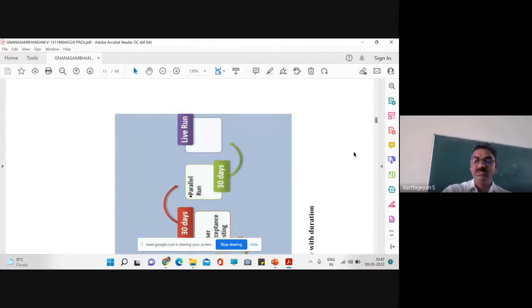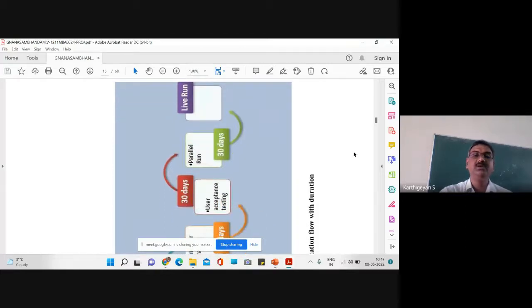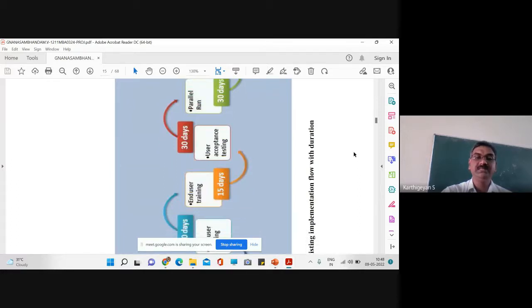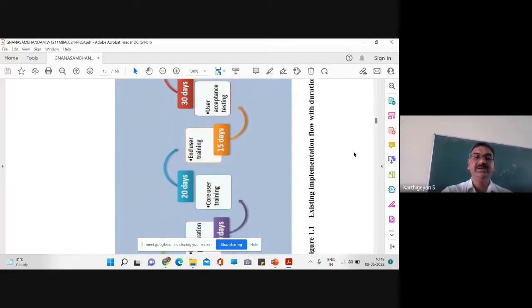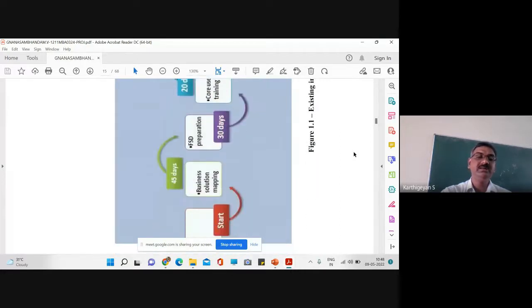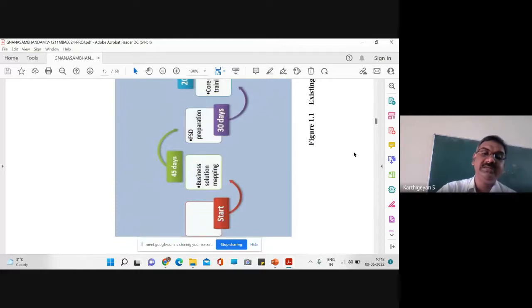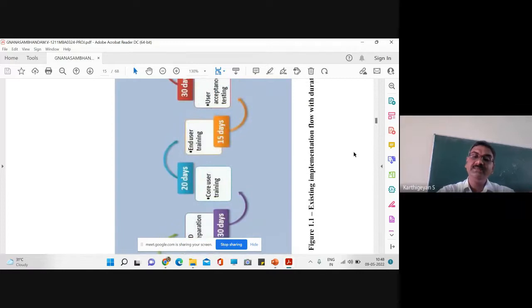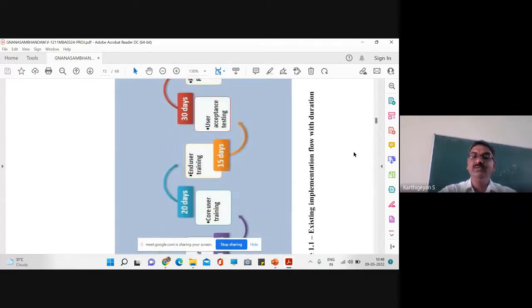So if you just add the number of days required for each stage of the software product development life cycle, it is around 30 plus 30, 60 plus 15, 75, 20, 95, and 125, and then 170, around 170. So this figure represents the existing implementation flow with duration.